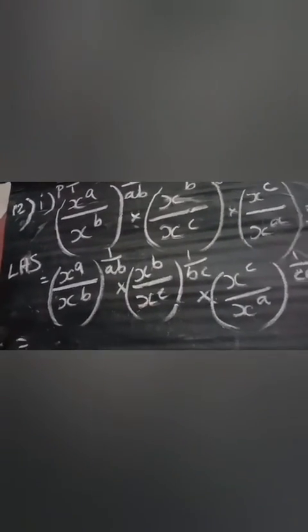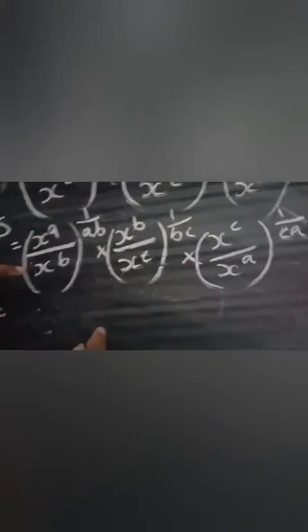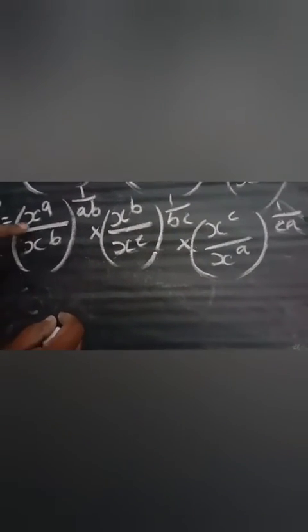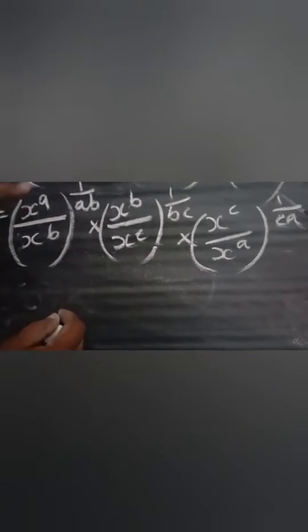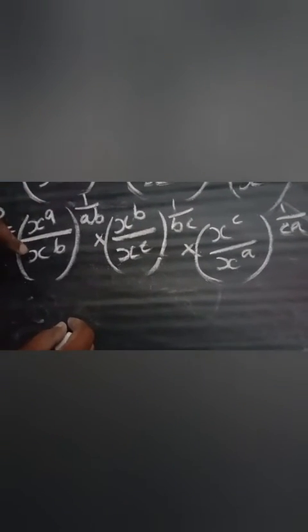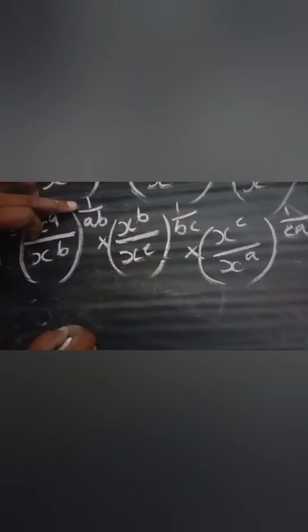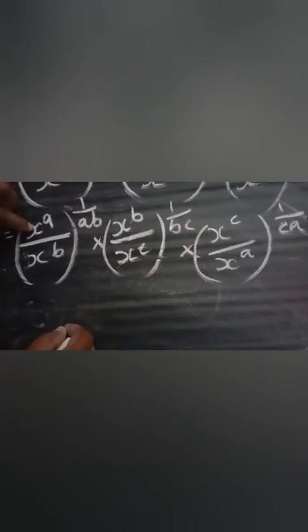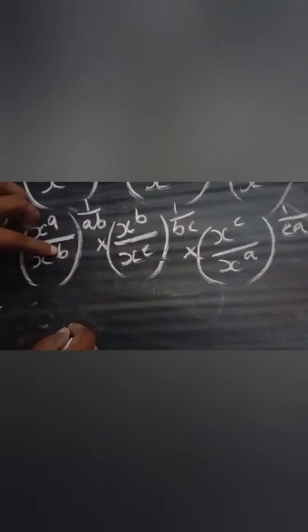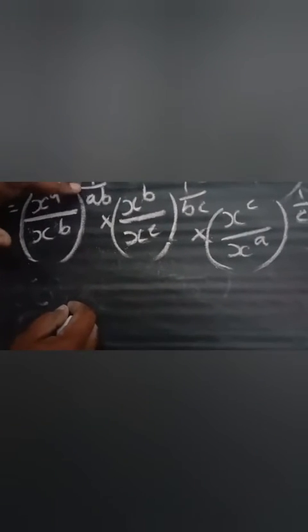Okay, see here, x raised to a by x raised to b. For this x raised to a the power is 1 by ab, and for this x raised to b the power is 1 by ab. For both, x raised to a by x raised to b, the whole power is 1 by ab.